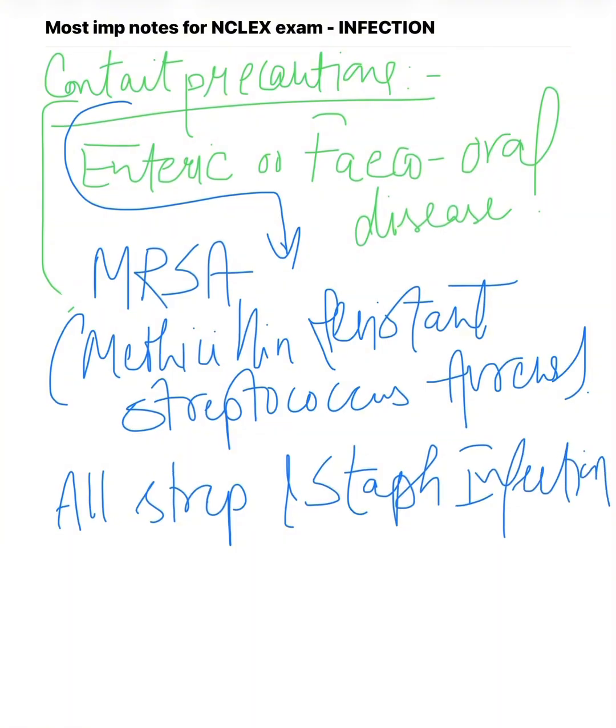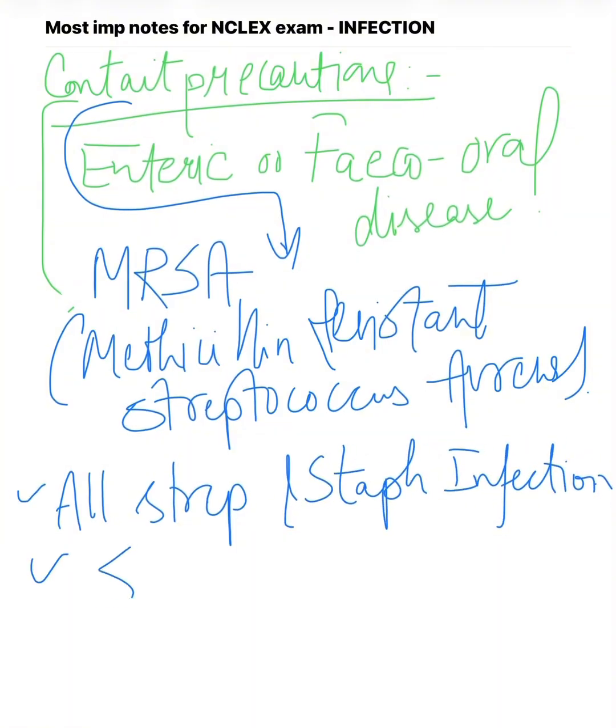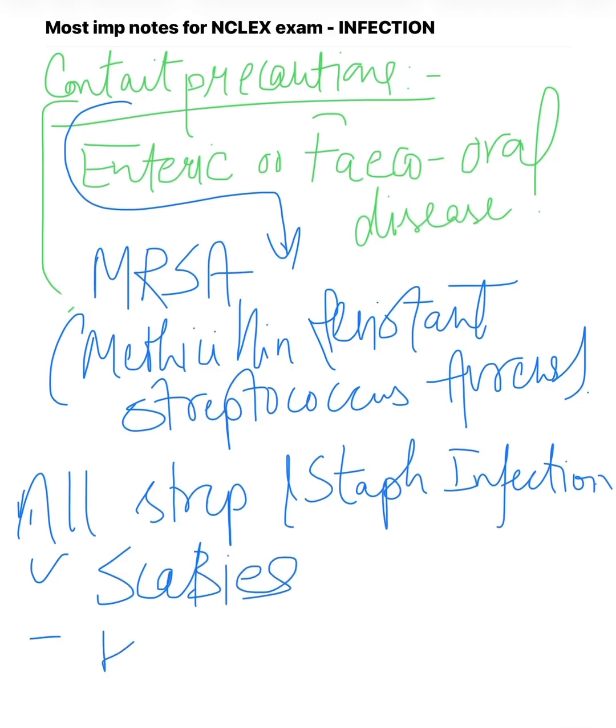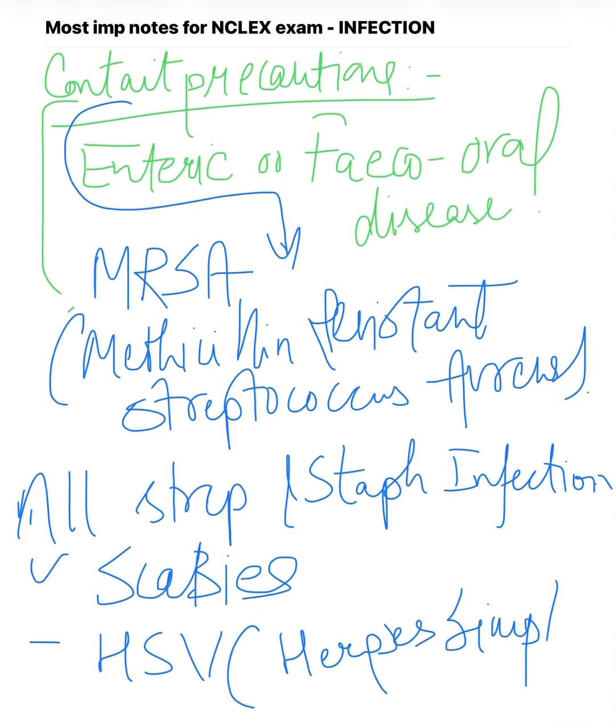Next, scabies. Next one is HSV, that is herpes simplex virus. So the other examples: MRSA, all strep and staph infections, scabies, and HSV, herpes simplex virus.